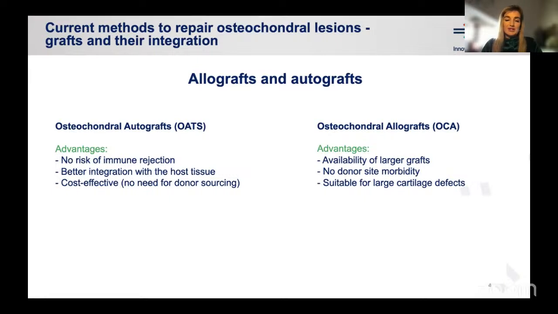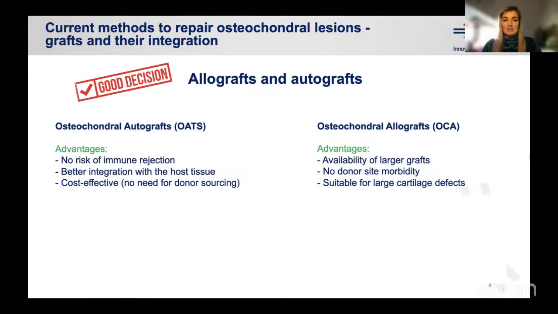It was very interesting for me as a basic researcher, but we do know that allografts and autografts are one of the best decisions used by clinicians and orthopedic surgeons, because these methods have a lot of advantages. For example, autografts have no risk of immune rejection, they have good integration, and are cost-effective, while allografts are available for larger grafts, have no donor site morbidity, and are also suitable for large cartilage defects.